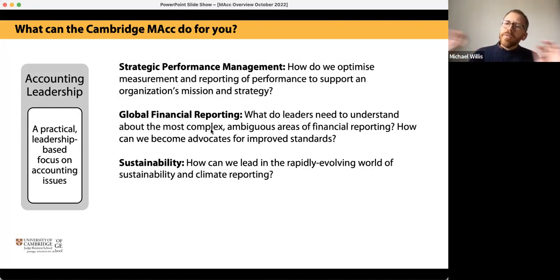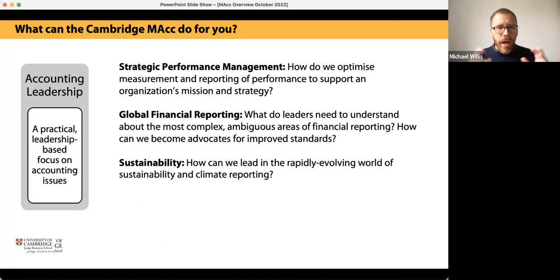So I want to just give some highlights of these curriculum areas. So starting with accounting leadership. So we are covering some topics that might be familiar to you if you have an accounting background, but they're very much focused on strategy, policy, innovation, and leadership.